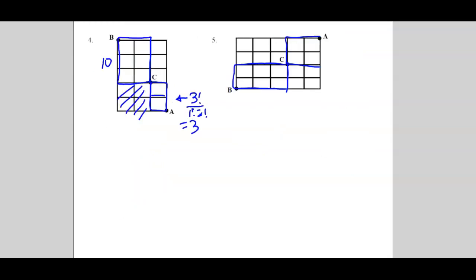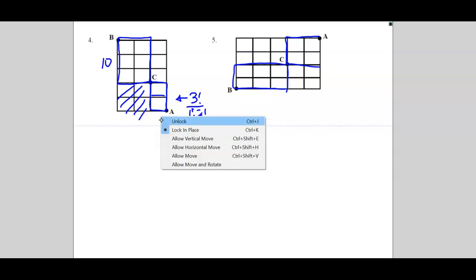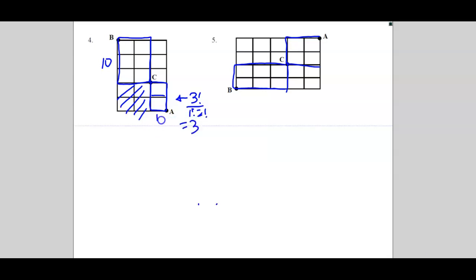So I went through 4 and 5. Give you a little hint on that, remember? So 4 and 5, you have to go through C first. So that means you can't go into this area, because then you would have to come back to C. So we do the number of ways to get from A to C, which, I mean, you can count them up in that sense, but it's the dimensions of 1 and 2.